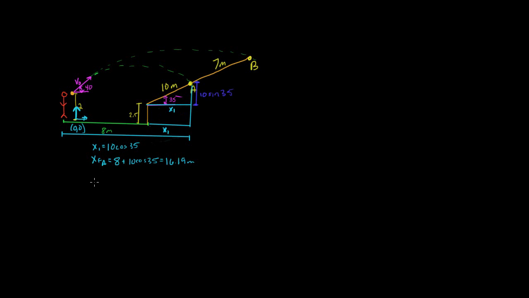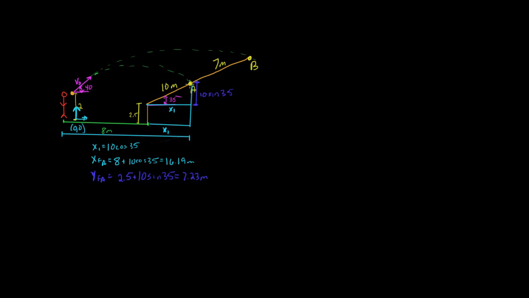So our y final A is equal to this initial 2.5 plus 10 times the sine of 35, and this is equal to 7.23 meters. That's just the location of this point A with respect to this origin point, right around where the ball is thrown.